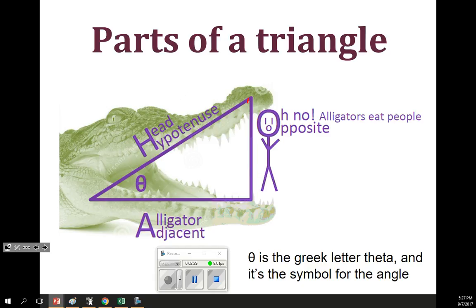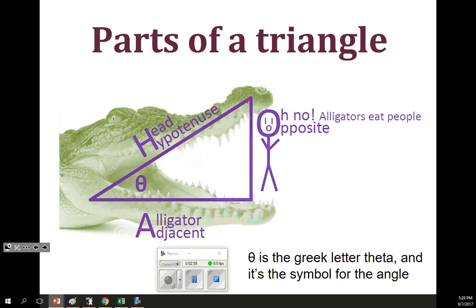If you look at the little green alligator, or actually he's kind of big, in the background, you can see that his eye kind of lines up with the corner of his mouth. And there we have drawn a purple triangle. So the head of the alligator is equal to the significant side of the triangle. That's called the hypotenuse.